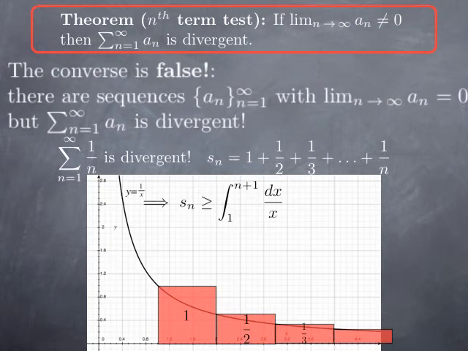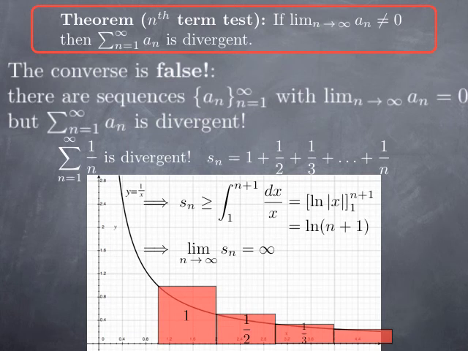And that we know how to calculate, because an antiderivative of 1 over x is natural log of absolute value of x, that we evaluate from 1 to n plus 1. At 1 this is 0, so we get just natural log of n plus 1. But the limit as n goes to infinity of this is infinity, because the limit of the natural log at infinity is infinity, and therefore Sn, which is greater than something going to infinity, must go to infinity as well.